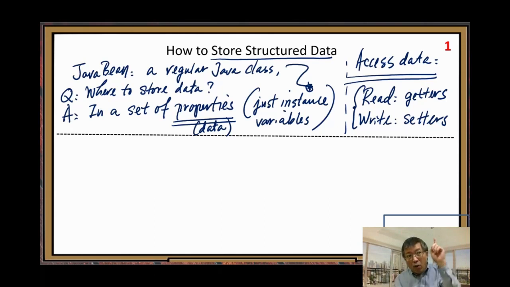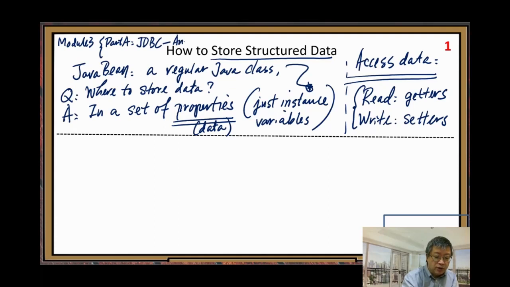For a more detailed explanation of the basic JavaBean theory, in Part B of module 3, we will do that. Part A, we do JDBC, for example the animal survey, which I will do later.